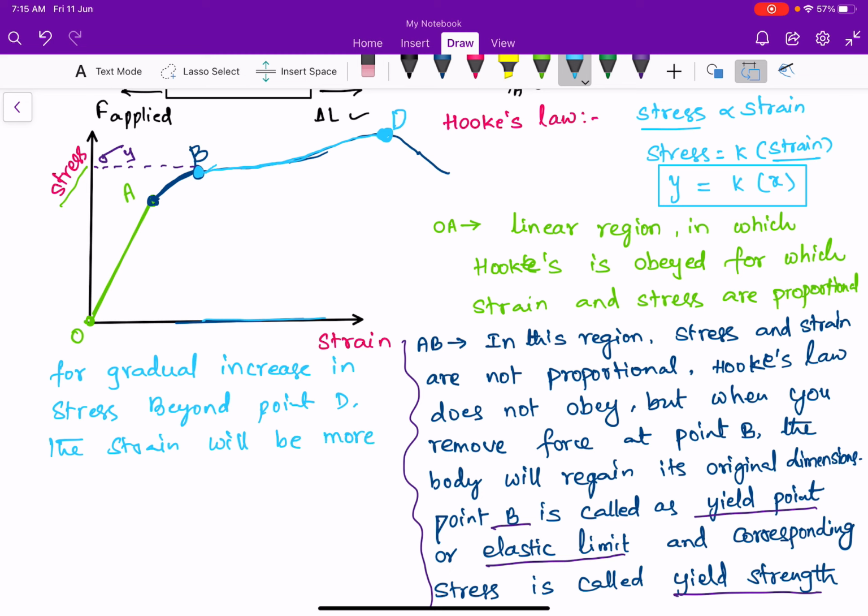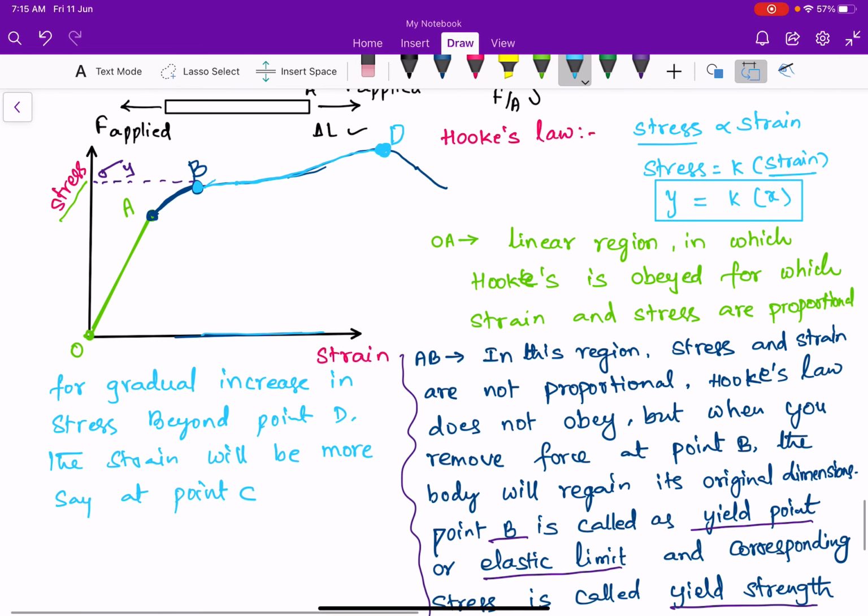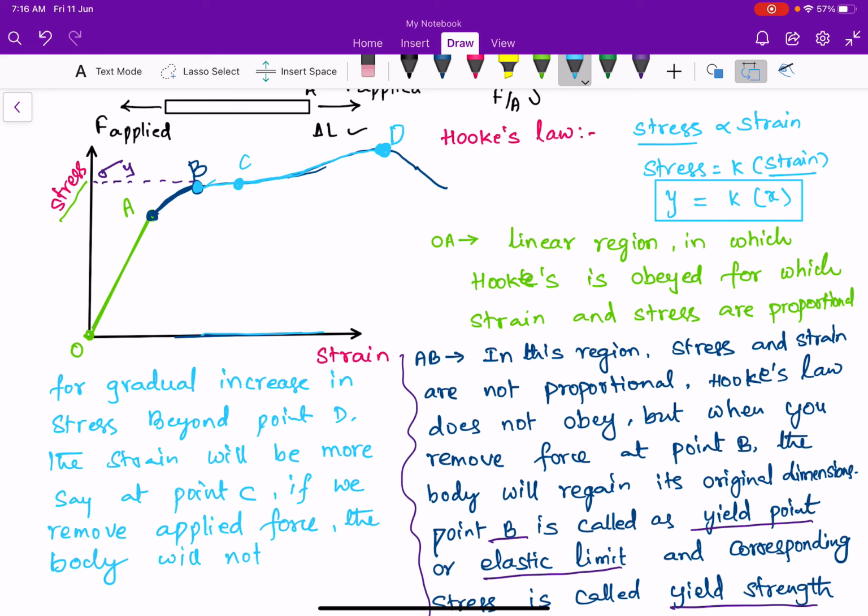For example, say at point C, if we remove the applied force at point C, the body will not regain its original dimensions.